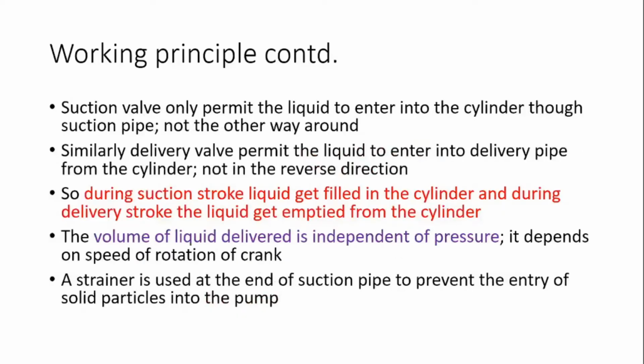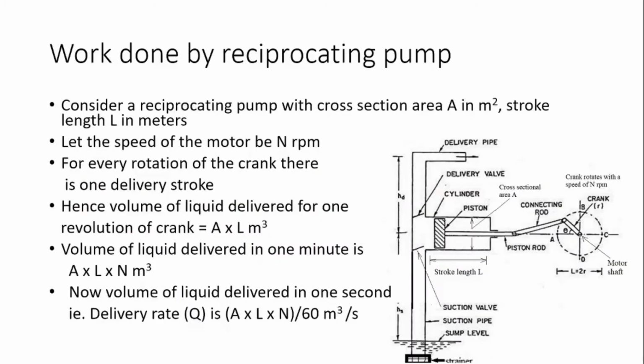The volume of liquid delivered depends on the speed of the crank, and it is independent of the pressure. Then a strainer is used for restricting the entry of solid particles into the pump. Now let's calculate the work done per second by the reciprocating pump.